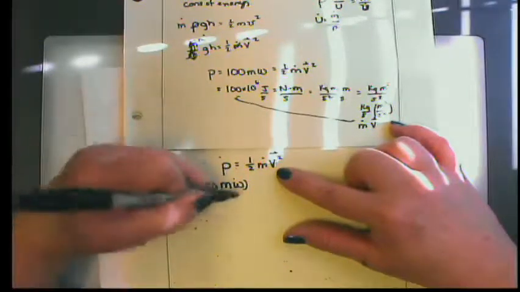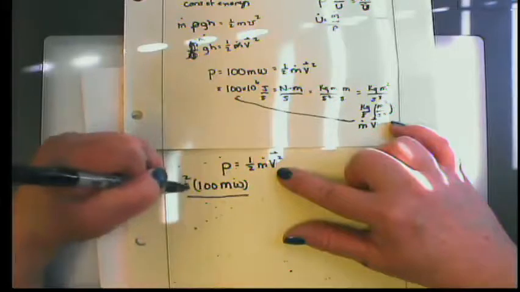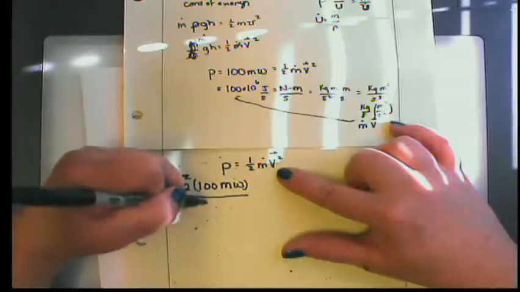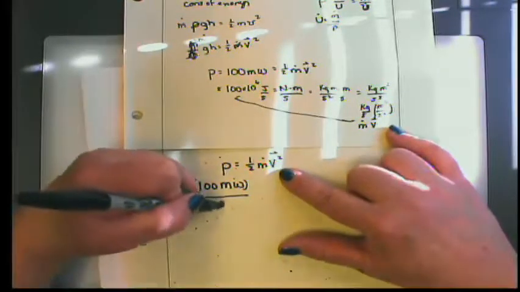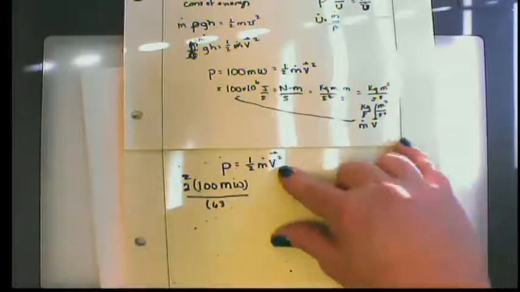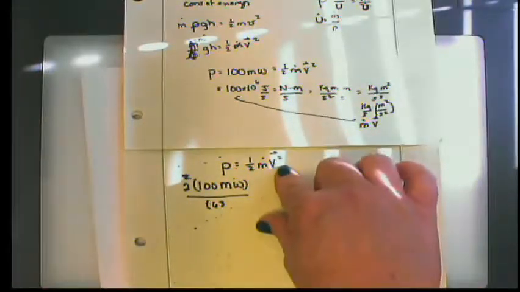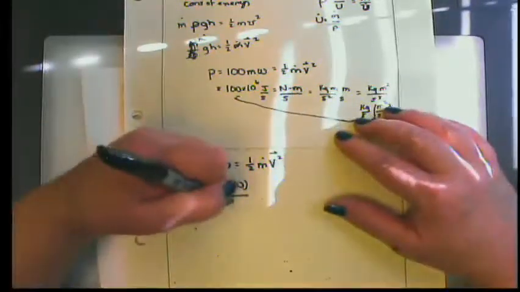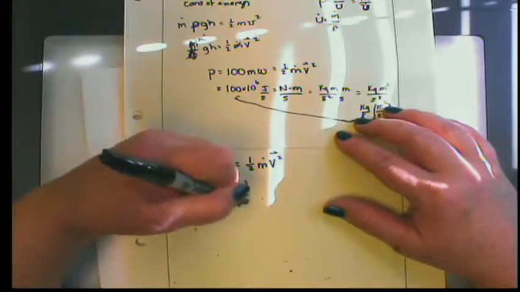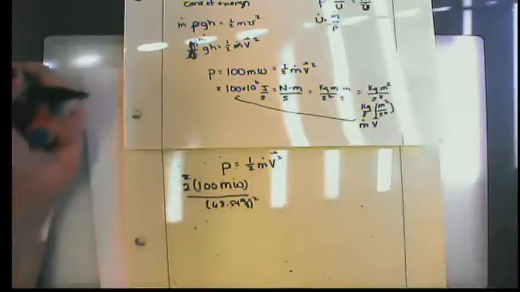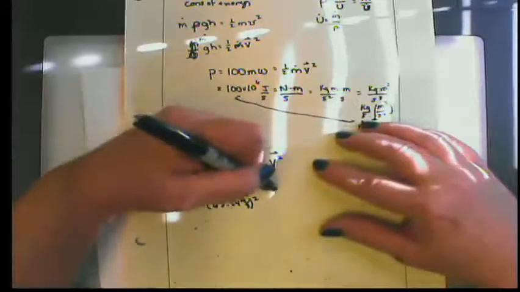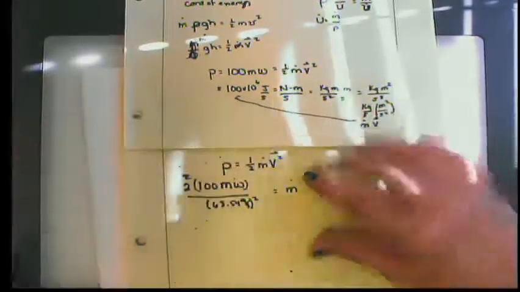Multiply that by 2, divided by the velocity, which is 63.54 meters per second quantity squared, should be my m dot.